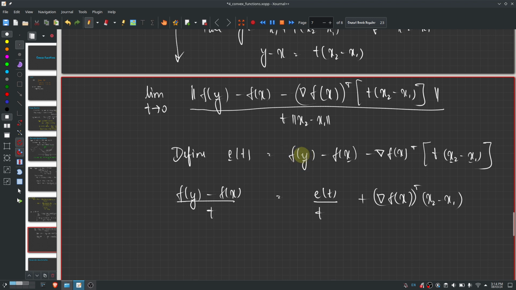So f of y minus f of x is equal to e of t plus this particular quantity.